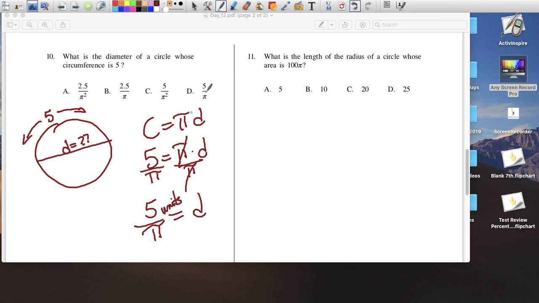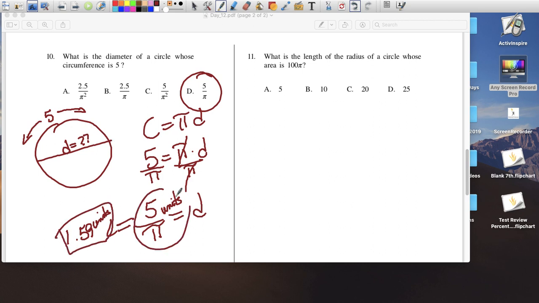Do I have something that looks like this? I do, right here. If you wanted to go to the calculator, 5 divided by pi, that would translate to about 1.59 units, centimeters, inches. So the diameter is 1.59. You can write it like this, or you can write it like this. They both mean the same thing.